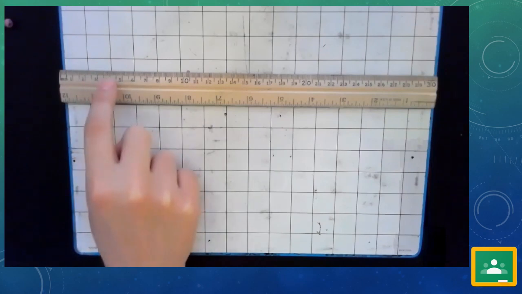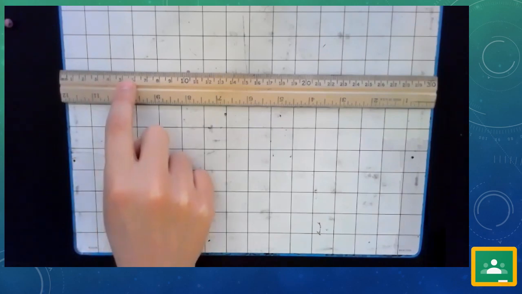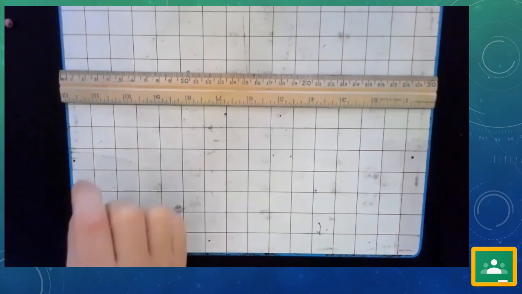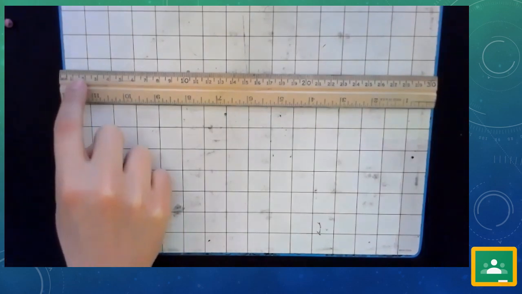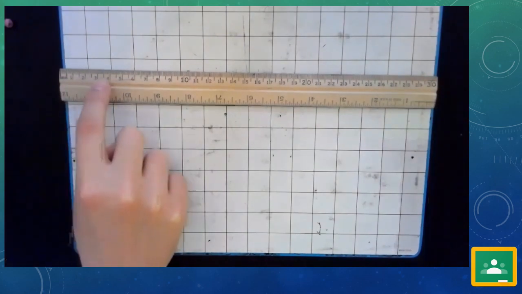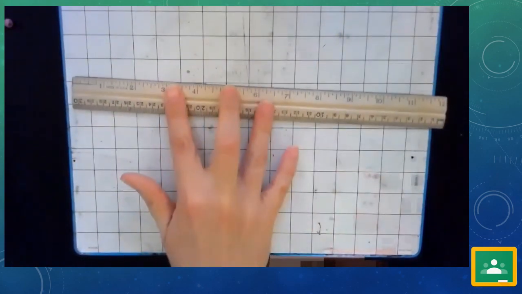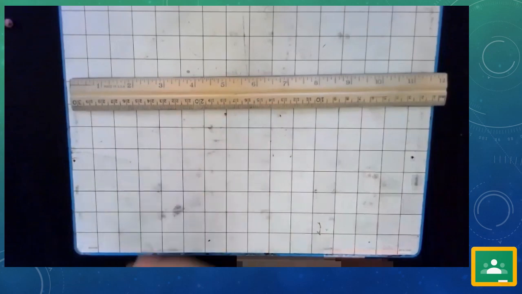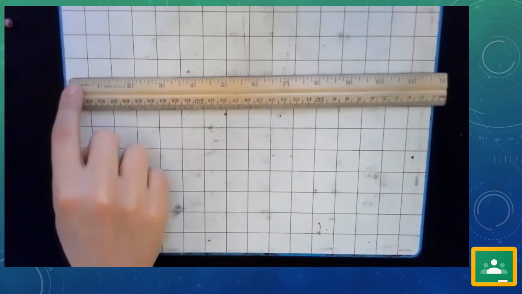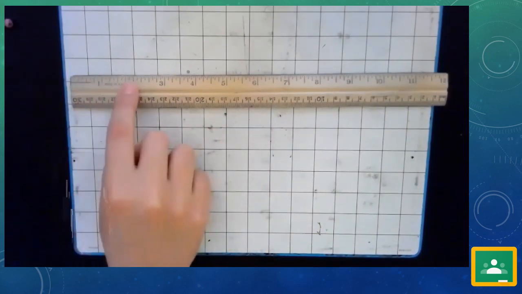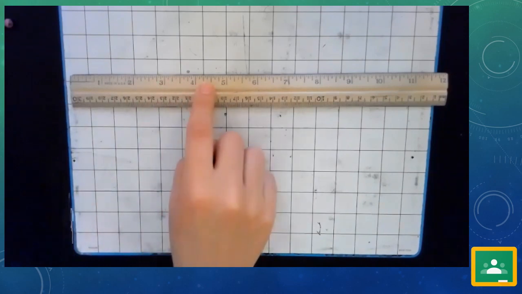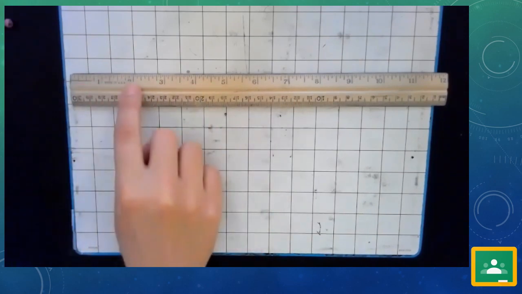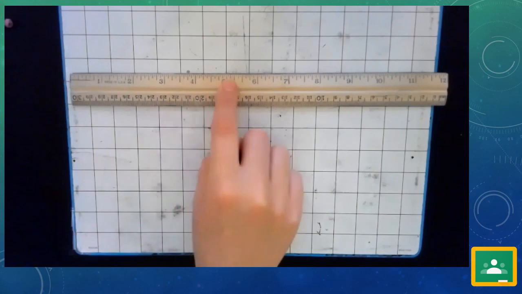That means that every time I am measuring using centimeters, it's an equal distance of 1 centimeter to the next centimeter to the next centimeter, and so on. And that is similar to inches, although inches take up more space. They are equal in distance when you are looking at inches. Every inch takes up the same amount of space, okay?